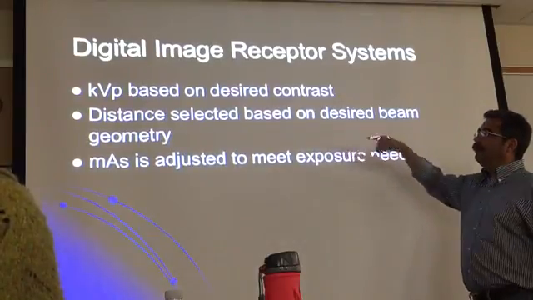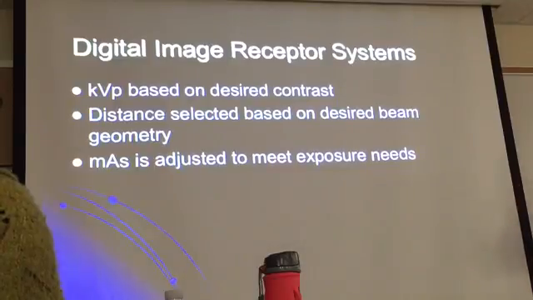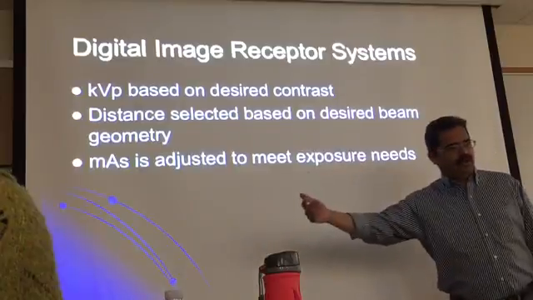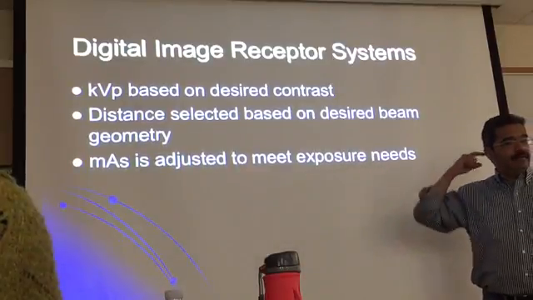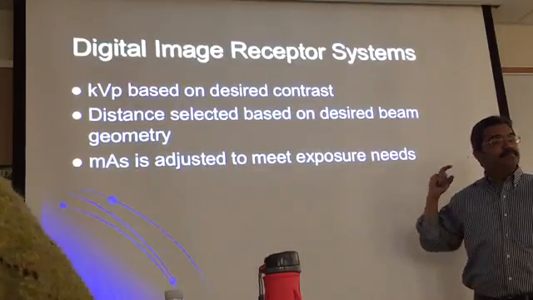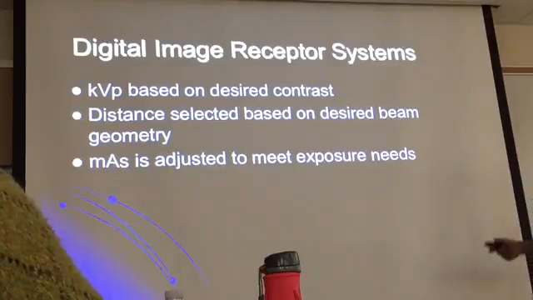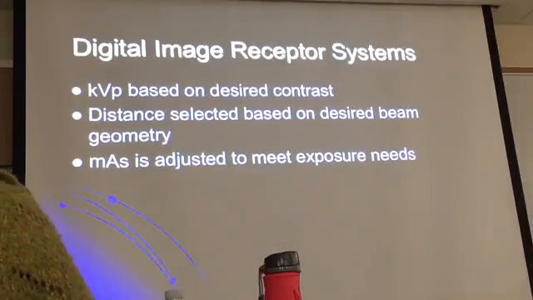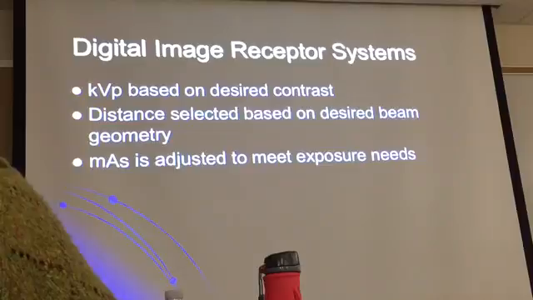kVp is based on desired contrast. So with kVp, you should think of the contrast. If I want to control contrast, it's kVp. Density: the first thing is mass, but then also kVp. The contrast is always controlled by the kVp.